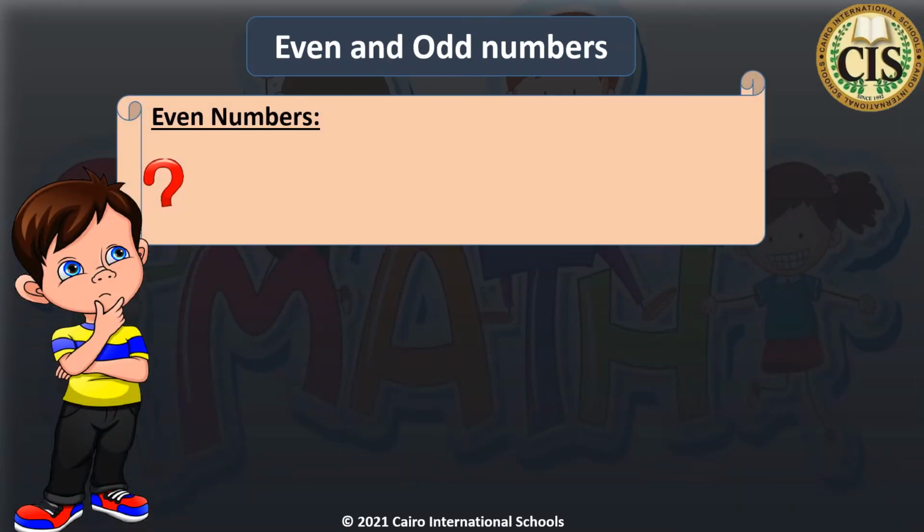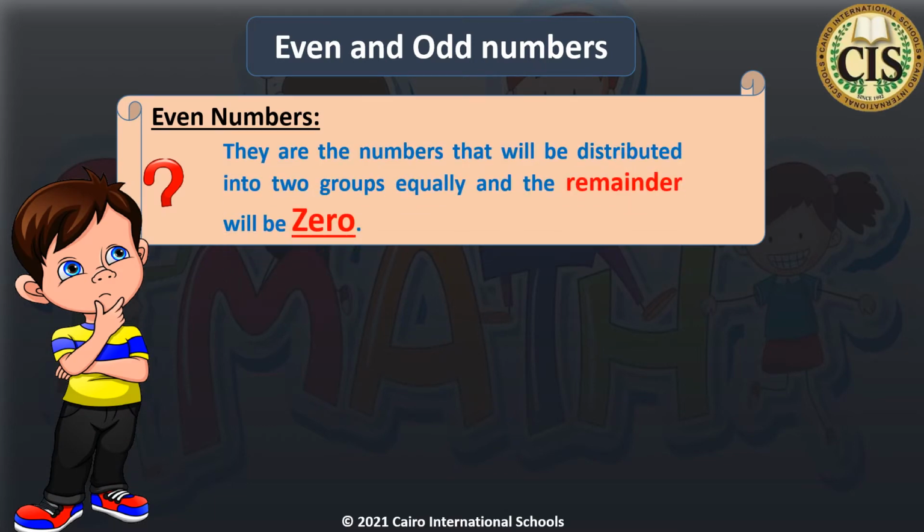So, what are the even numbers? They are the numbers that can be distributed into 2 groups equally, and the remainder will be 0. Like 4 cookies. Do you remember the 4 cookies? They are distributed among Adam and Malak with no remainder.